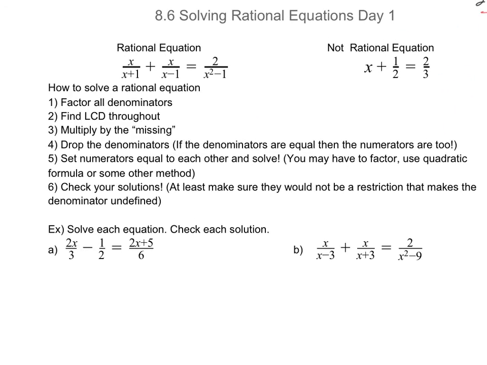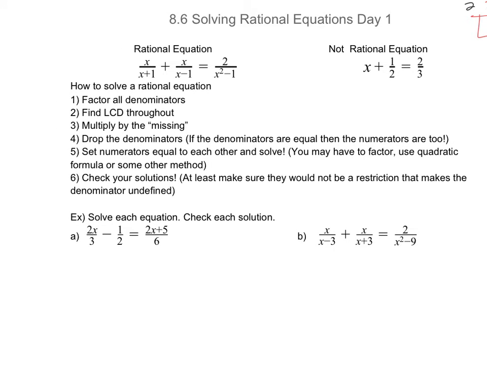So here are the directions. This might make more sense after we do a couple, but factor all the denominators, factor everything pretty much. Find the least common denominator, multiply all the parts by the missing factors, so that you have a common denominator for all the terms on both sides of the equal sign. Then you're going to drop the denominators.